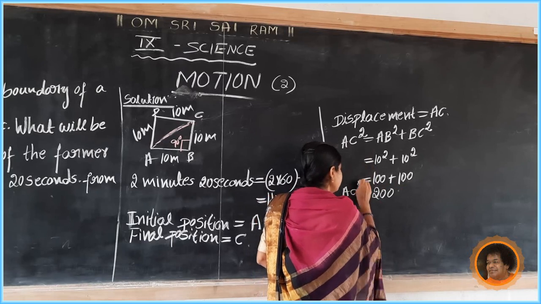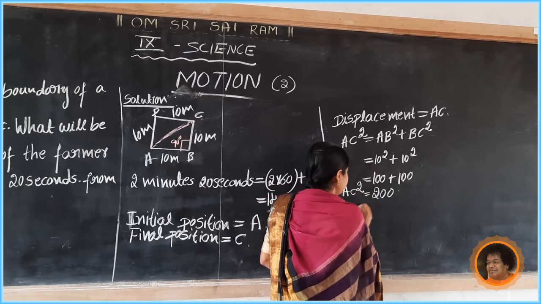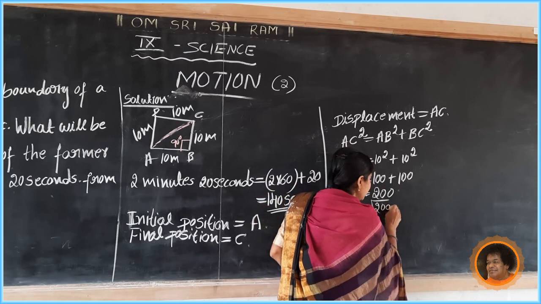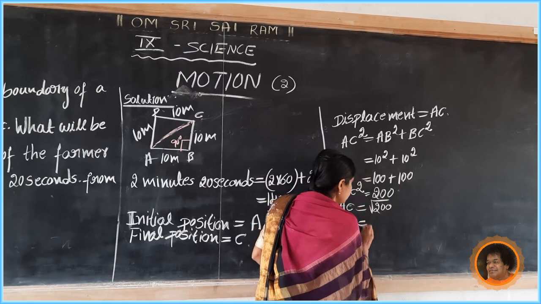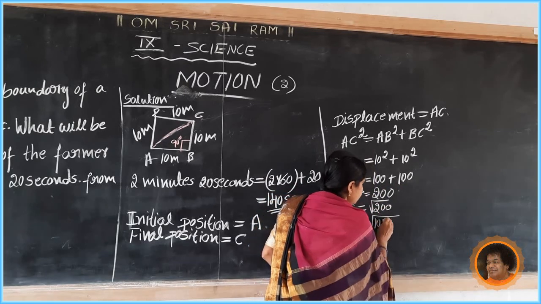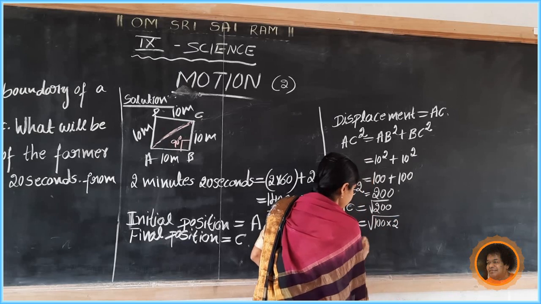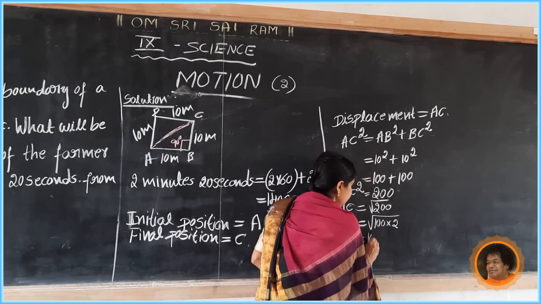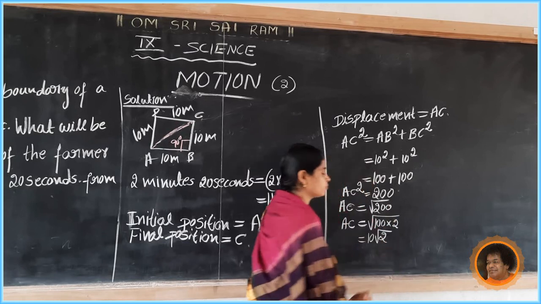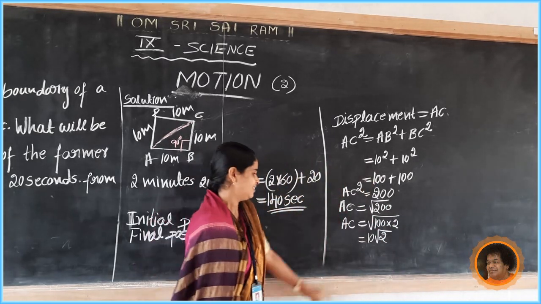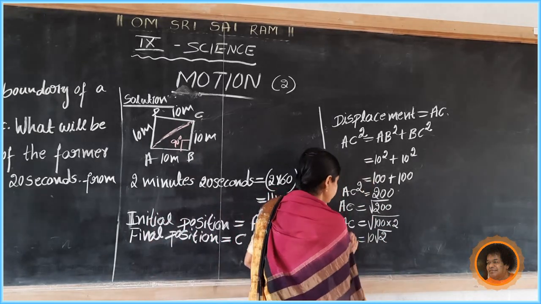AC squared is equal to 200, already explained. AC is equal to square root of 200. So AC equals square root of 100 into 2. Square root of 100 is 10. 10 into square root of 2, AC.